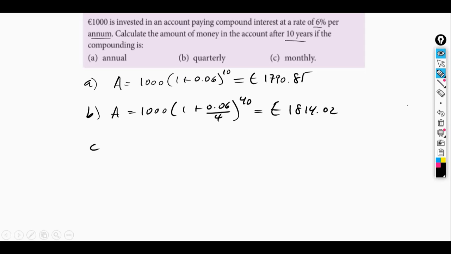For C, it would be monthly, so that means 12 times a year. So it's the same thing again, 1,000 times 1 plus 0.06 divided by 12 to the power of 120, or 12 times 10. And this was going to give us, in euros, 1,819.40 euros.